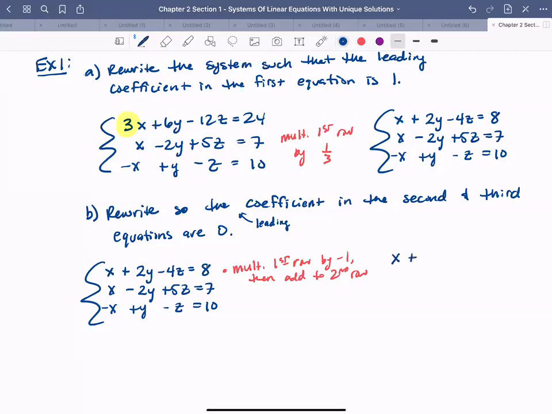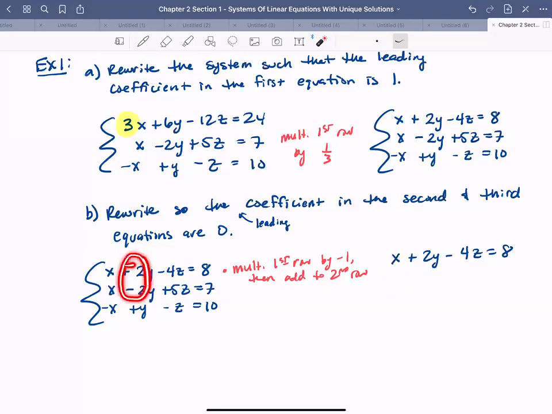We're not changing the first row at all. The first row stays exactly the same, so I'm just going to rewrite it. When I look at this row here, I'm multiplying everything in there by -1. That means all of the values change from positive to negative, and if they're negative, they change from negative to positive. So this is now -1. When I add these two together, I get 0, so I don't have to put anything. This now, instead of being positive, becomes negative.